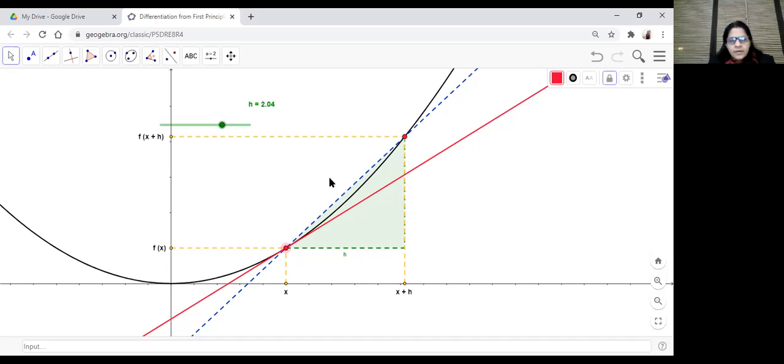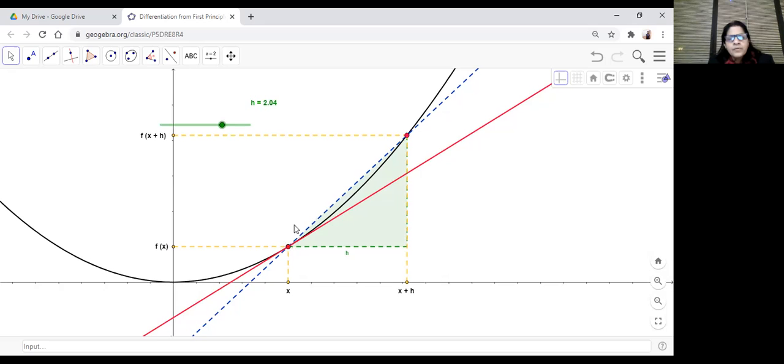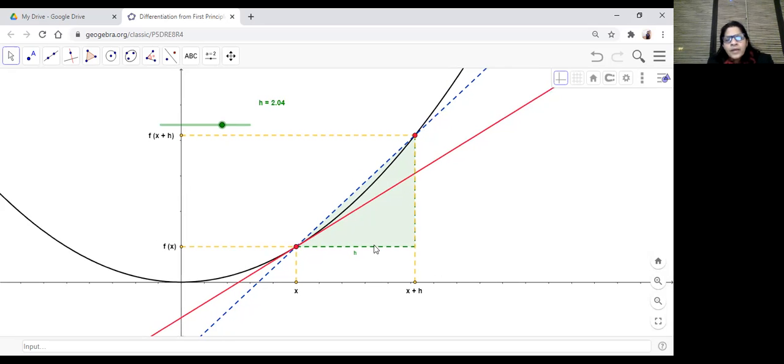If you observe, this is h, and this length is f of x.